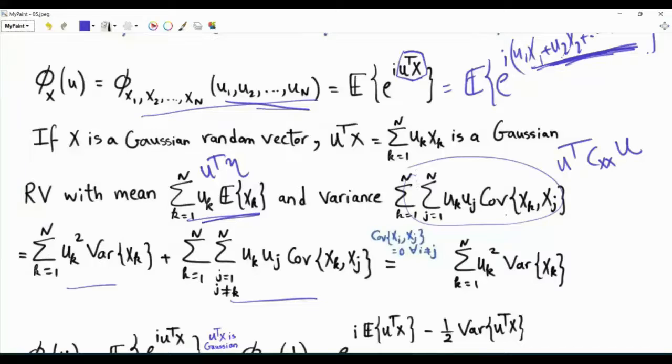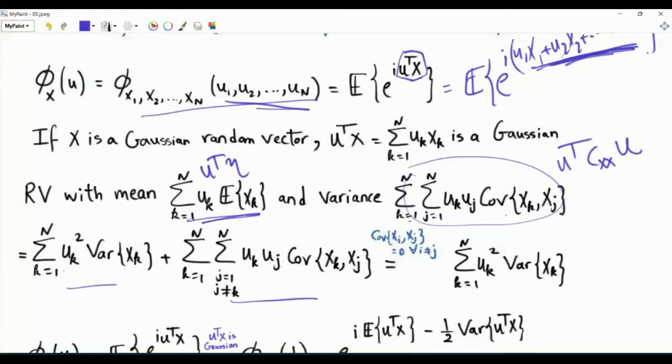The first one has big N terms. Those are the terms in which the two indices are equal. So k equal to j equal to 1, k equal to j equal to 2, and so on. And then there are n squared minus n terms in which k and j are distinct.